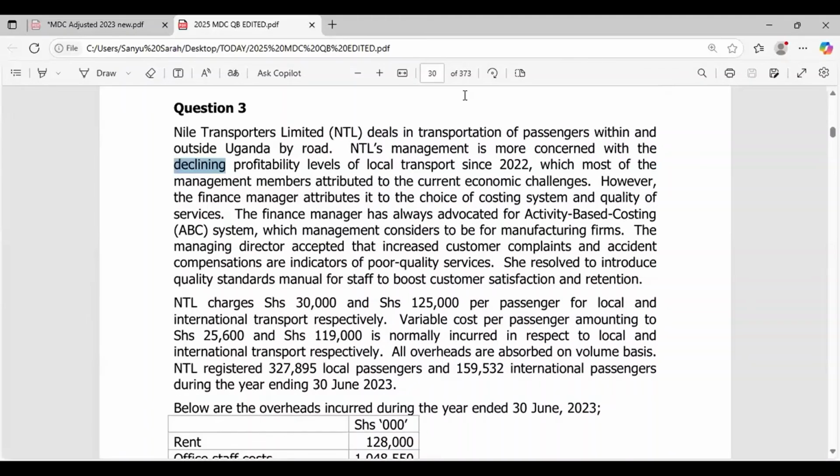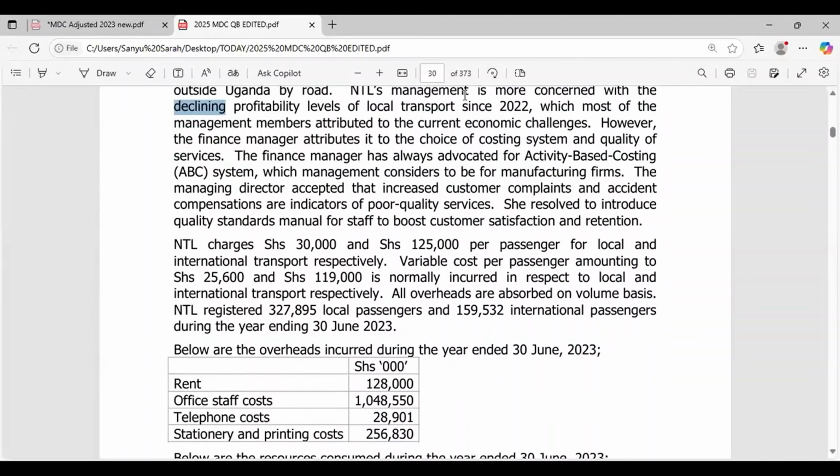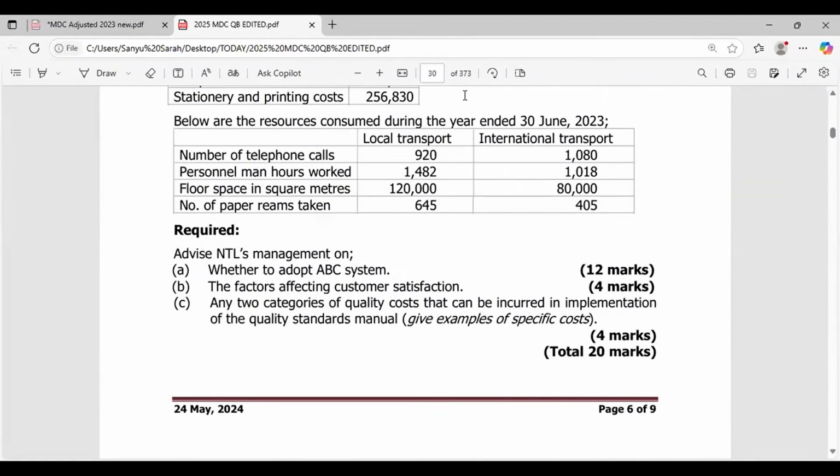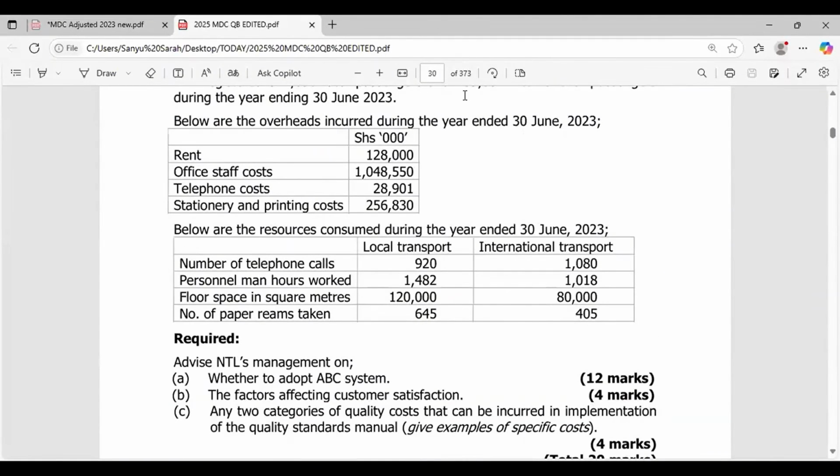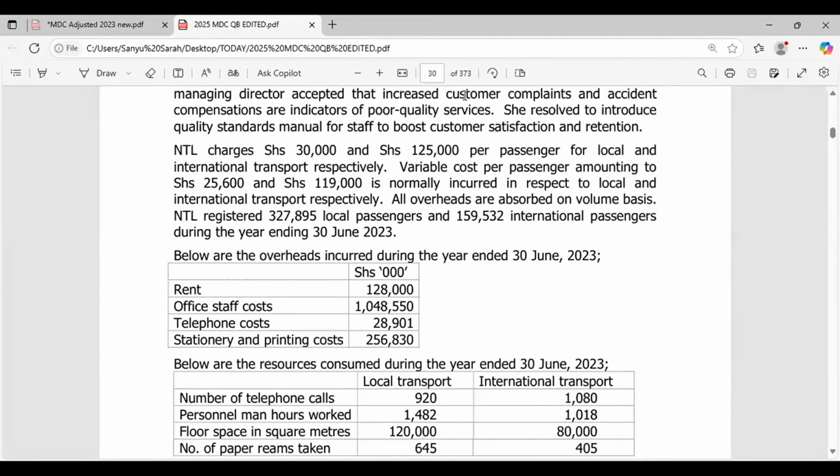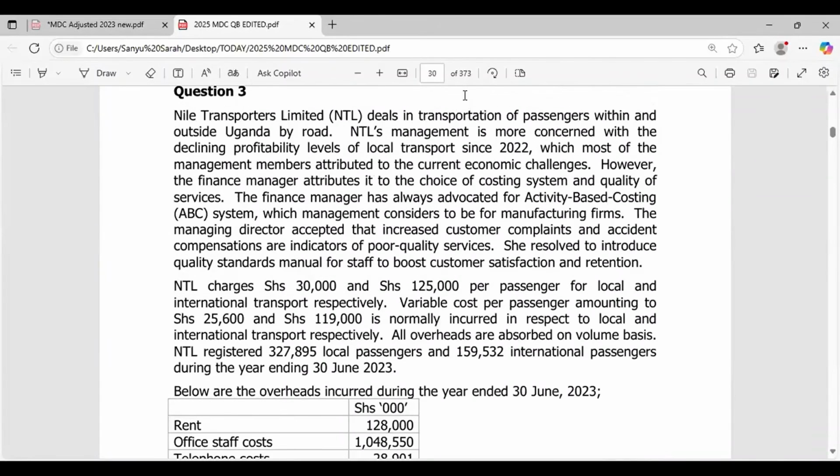However, someone is recommending that they should use ABC system to have a better performance. So that's why they are asking us whether to adopt ABC. In other words, should they go ahead and adopt ABC or they should not? Their problem is about profitability. So if we are to advise, our basis of advising should be profitability, because that's their problem.